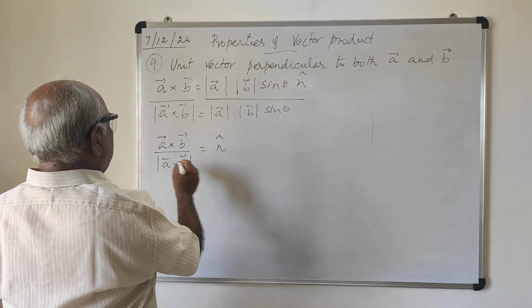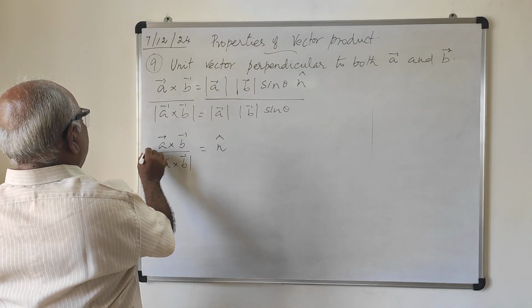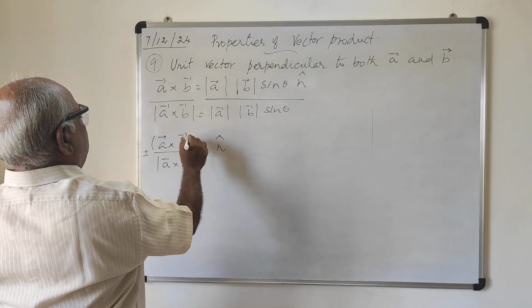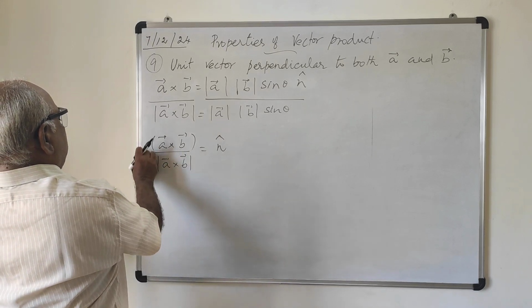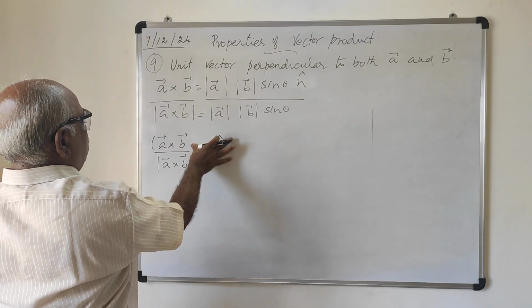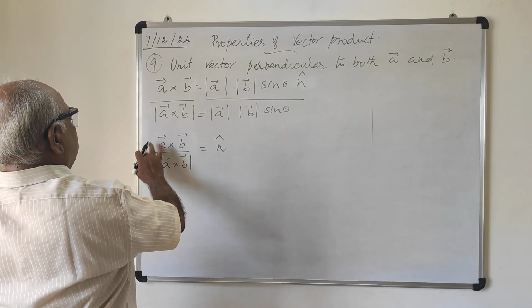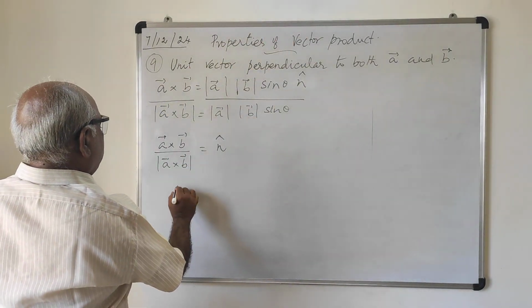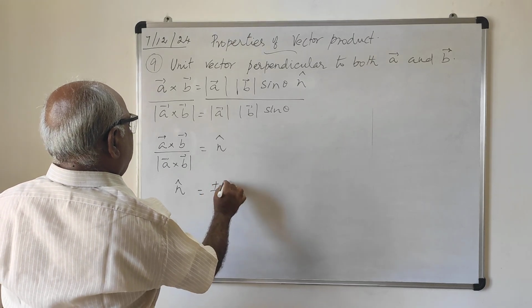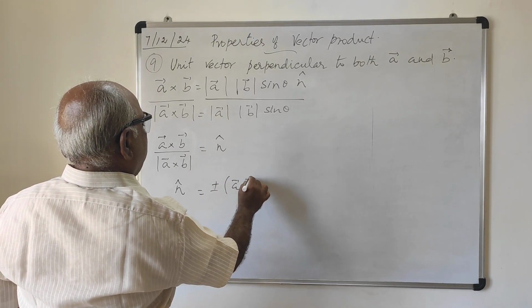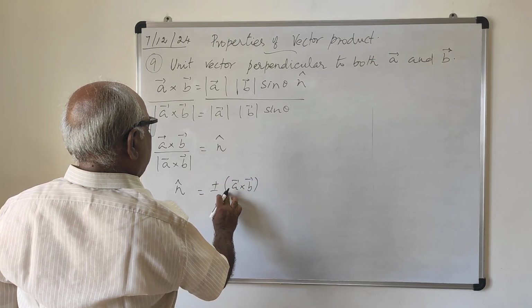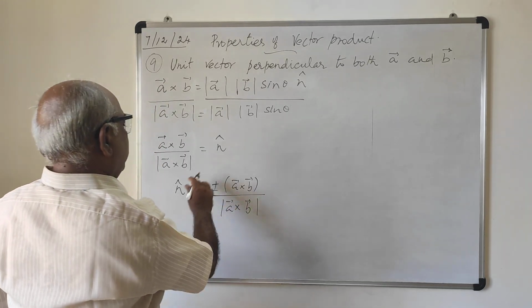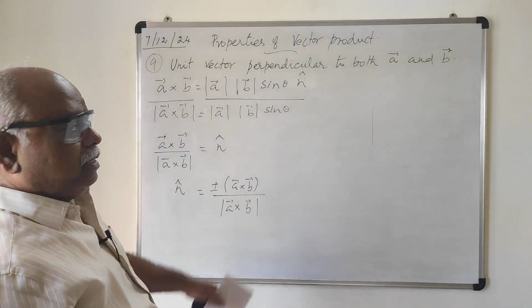So n cap is nothing but plus or minus A cross B by mod of A cross B. You can find n cap using this result only.